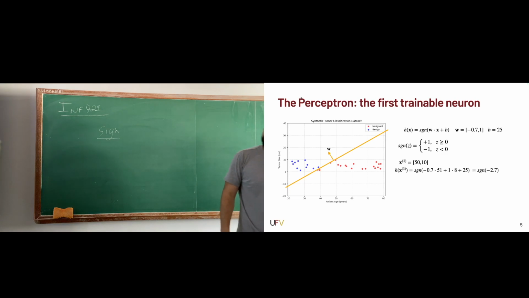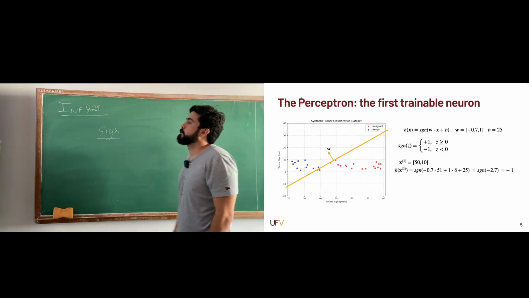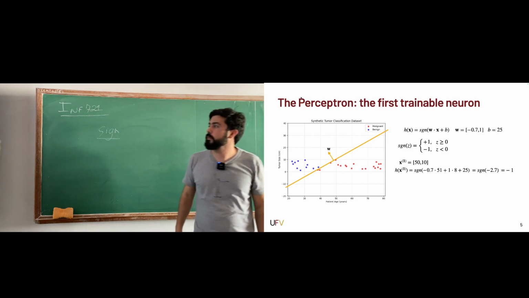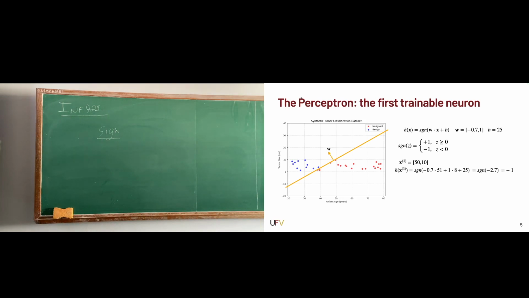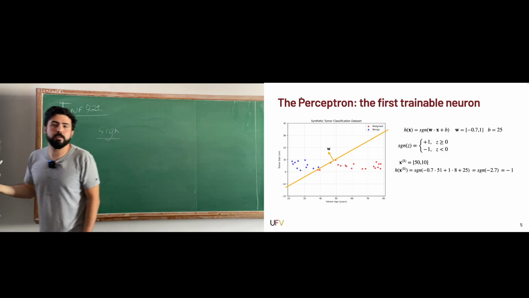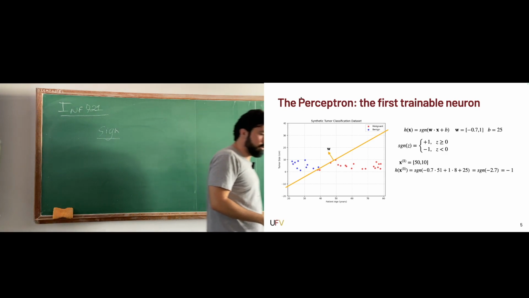That would give us the signal of -2.7, and that would be -1. So -1 means that this point is below the line. The model returns a correct prediction of -1.